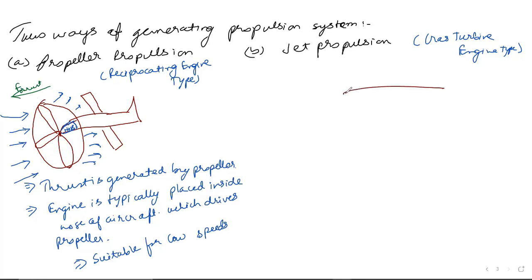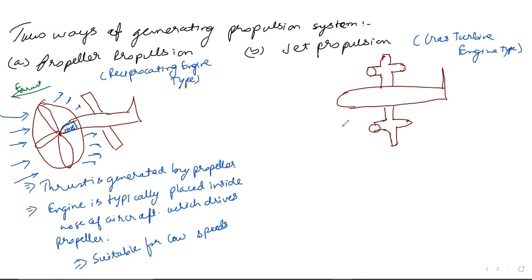It is something like this. I'm making a very bad diagram, but it is just to give you a view of how things are. So this is basically a jet engine.